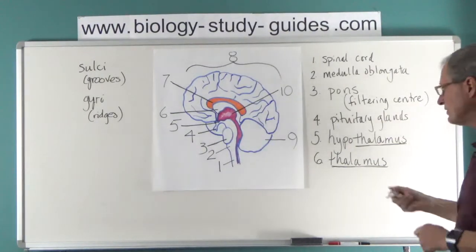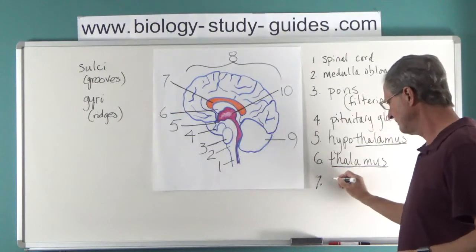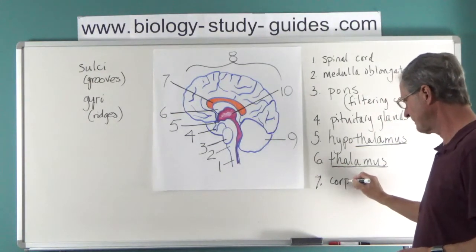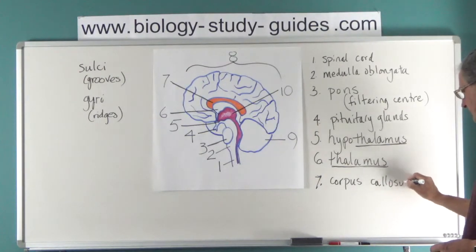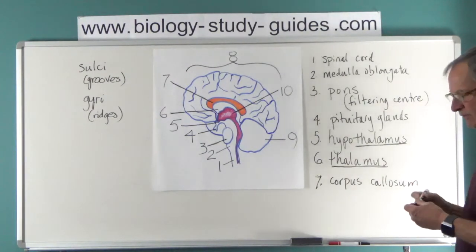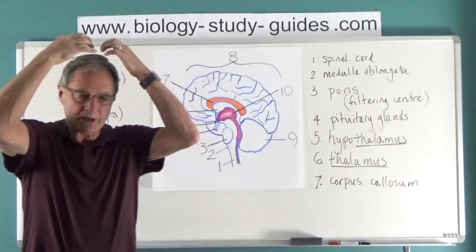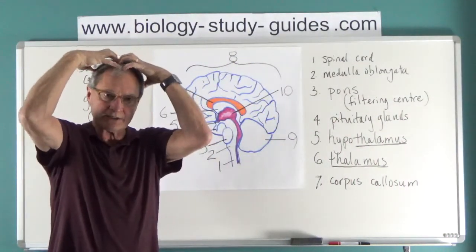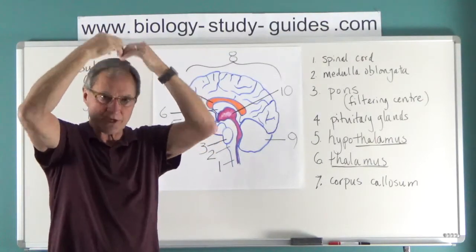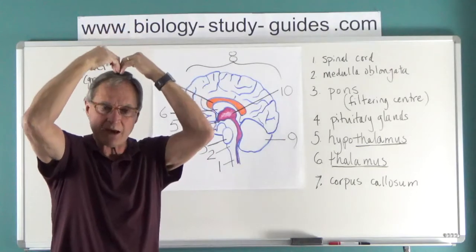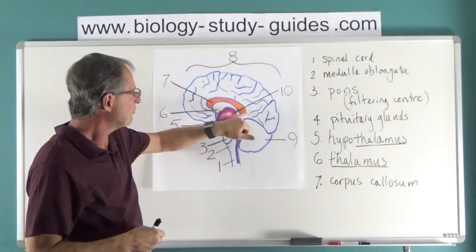Number 7 is the one that I've alluded to a couple of times, corpus callosum. If you think about the two hemispheres of the brain being separated to an extent, so you have a right side and a left side of your brain, the central fissure runs between them, and deep down inside that central fissure, deep down in here, is this corpus callosum.